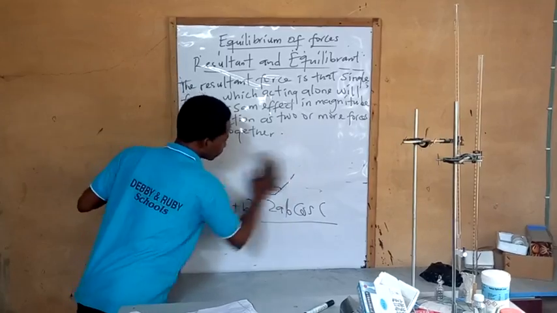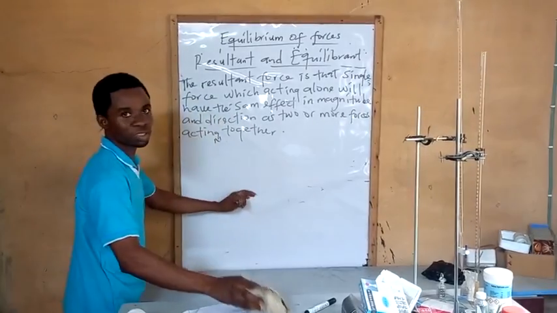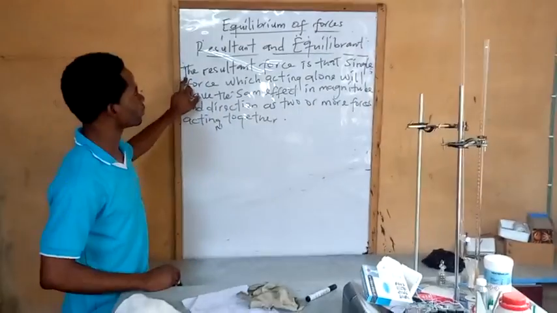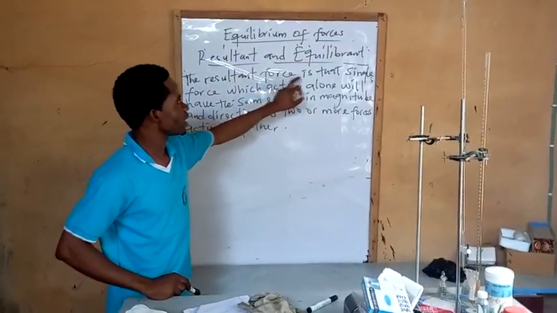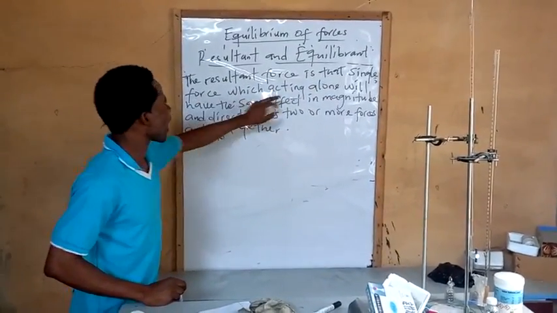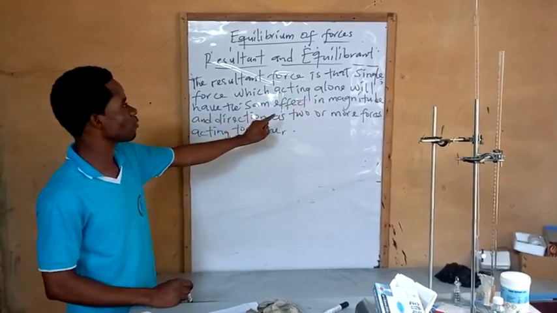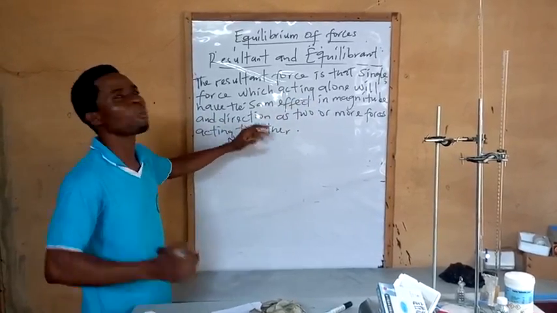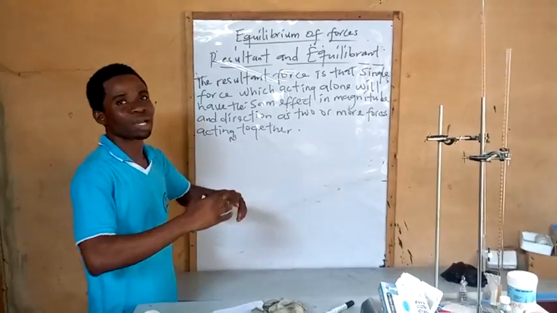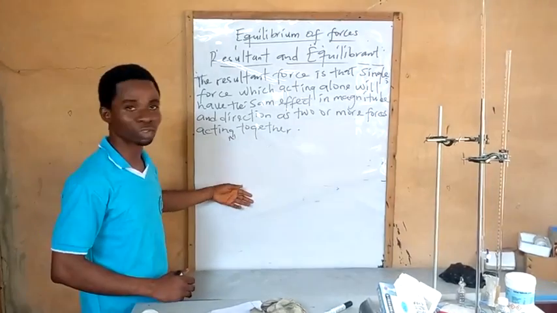In the vector topic, we are going to use all of this. According to that definition, the resultant force is that single force which, acting alone, will have the same effect in magnitude and direction as two or more forces acting together. It can be two or more forces; all these ones are two forces.